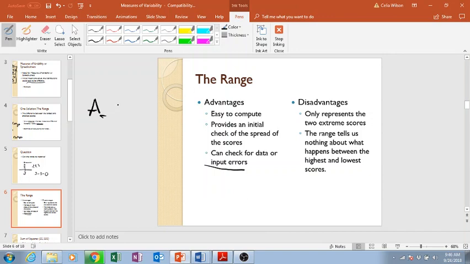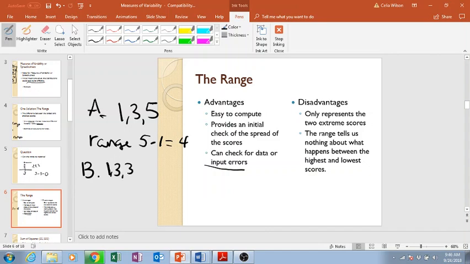In A, if you have the scores 1, 3, and 5, your range would be 5 minus 1, which equals 4. And then you have set B, which is 1, 3, 3, 3, and 5. So the range for that one is going to be 5 minus 1, which also equals 4.